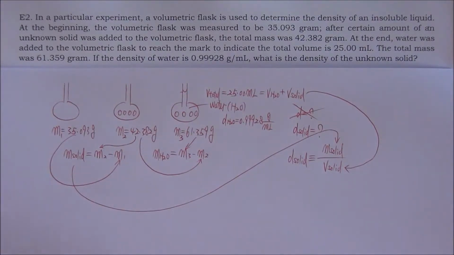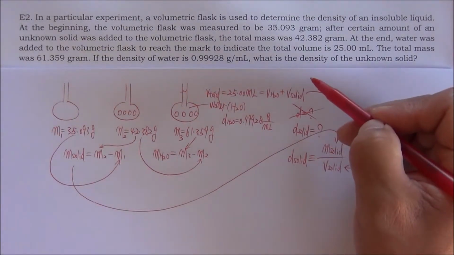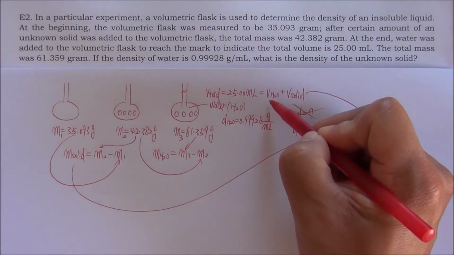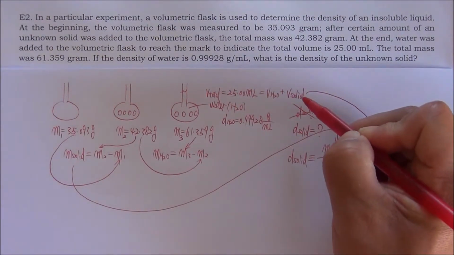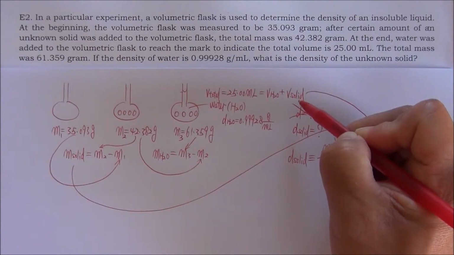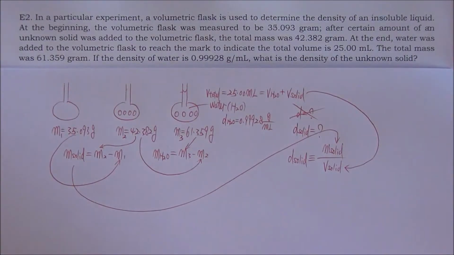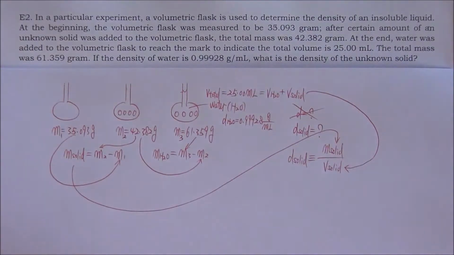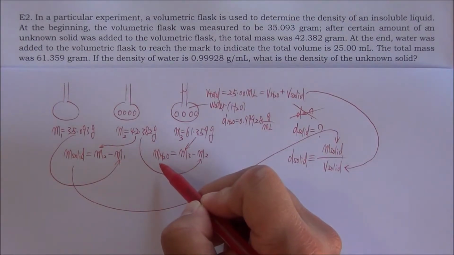Let's see if we can find the volume of the solid or not. Well, we know the total volume. If we know the volume of the water, we can get the volume of the solid. Let's see what we have about water. We know the density of water. We also know the mass of the water.